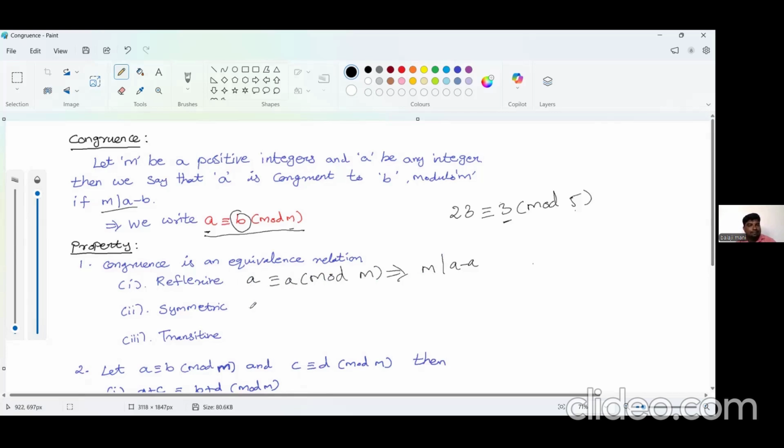Symmetric means: if a ≡ b (mod m), then m divides a minus b.